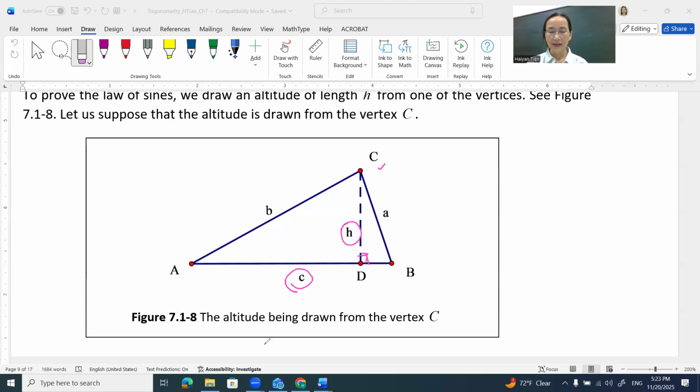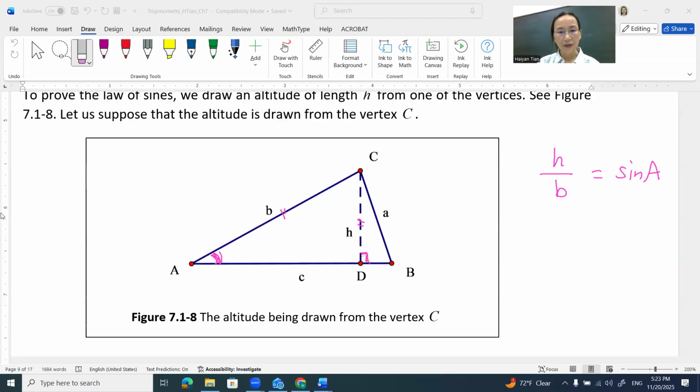Suppose c is the base, and the capital C is the vertex corresponding to the base. It doesn't matter, as long as we drop this H. We can look at H over b, which, according to our definition, for angle A is sine A. Same thing if we look at the other side: this is a right triangle.